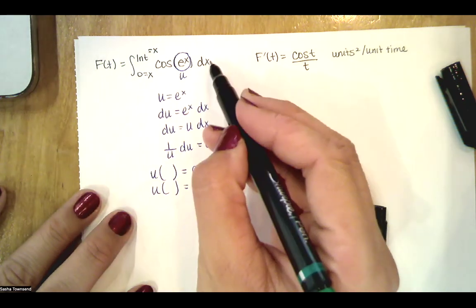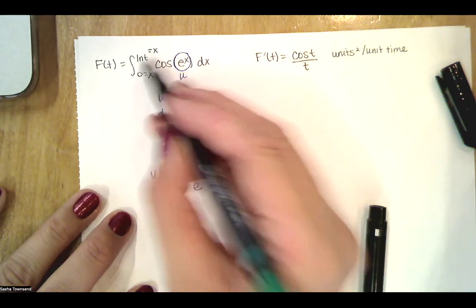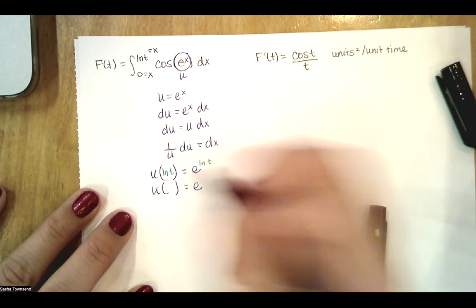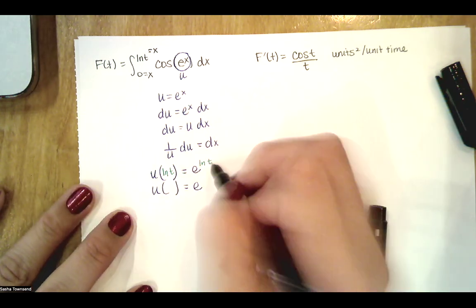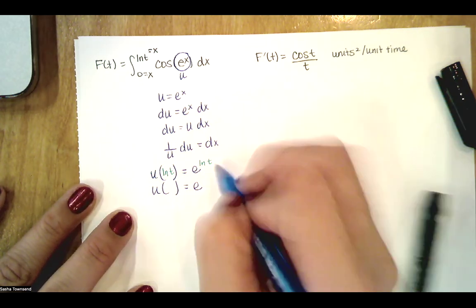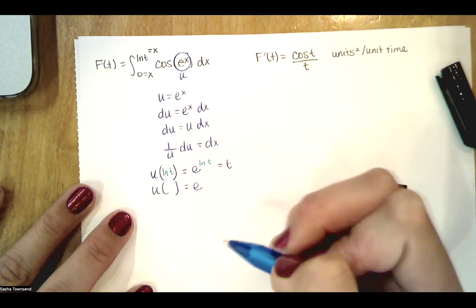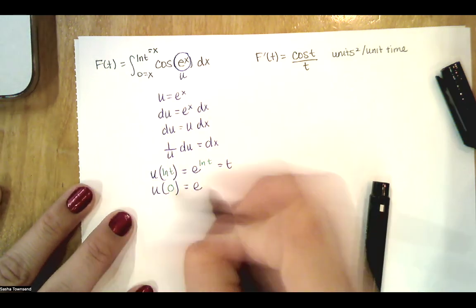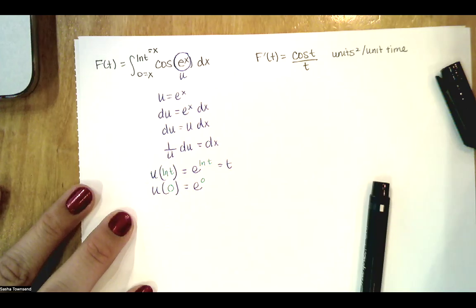So the upper bound for x was x equals natural log of t. When x equals natural log of t, u is equal to e to the natural log of t, and because the exponential and the logarithm undo each other, because they're inverses, we just get a t there. And then when x equals 0, u is e to the 0, which is 1.